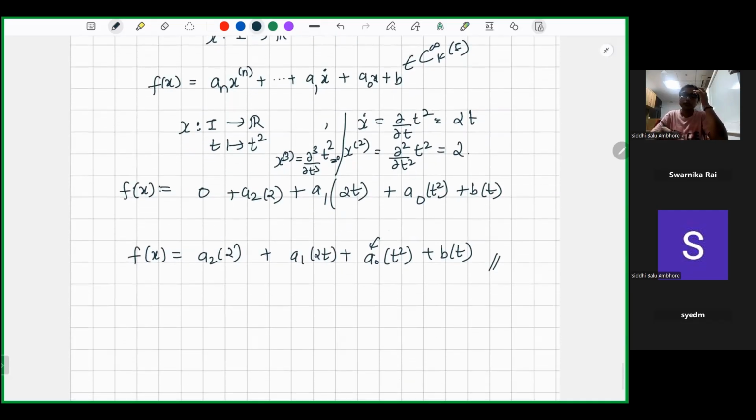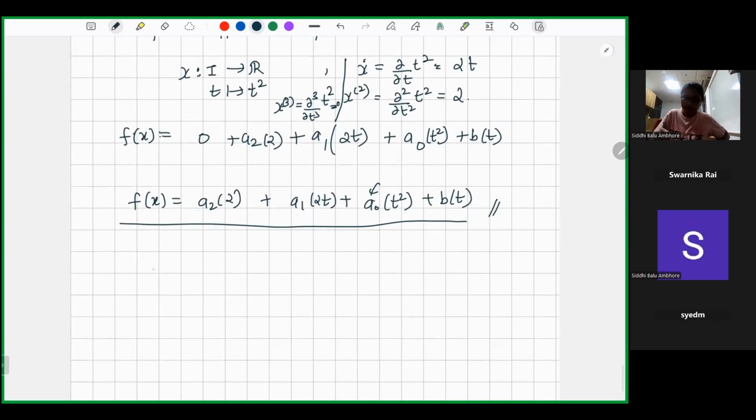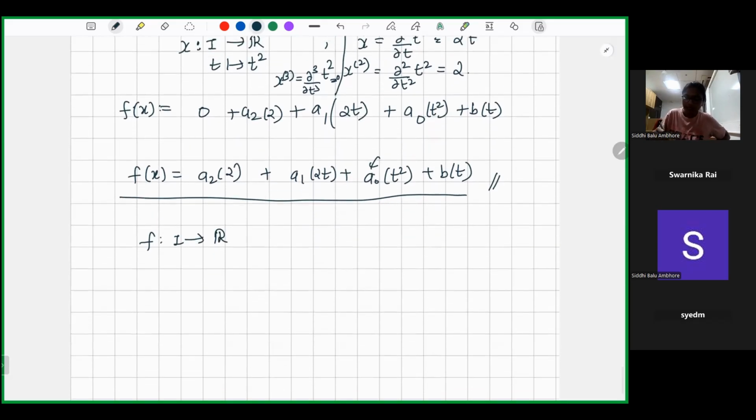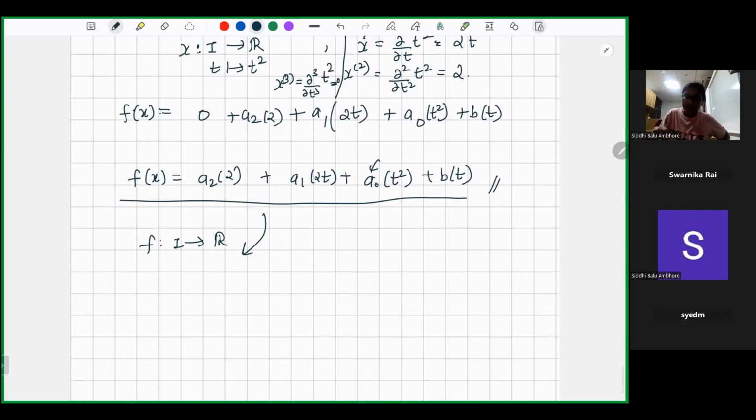So it is not f of x and then we are evaluating this x. We are actually doing it like this. So my f is again some function from I to R such that it is taking images from here. This is t going to a2, 2. So when I write this a2, 2, this a2 is also a function.